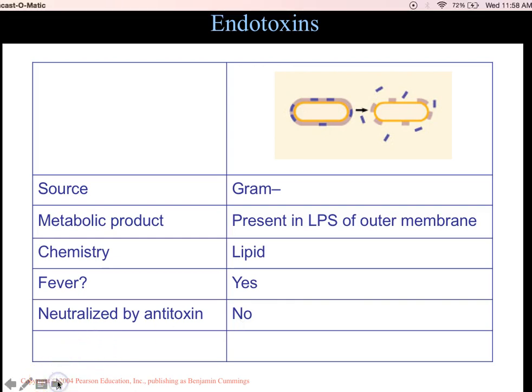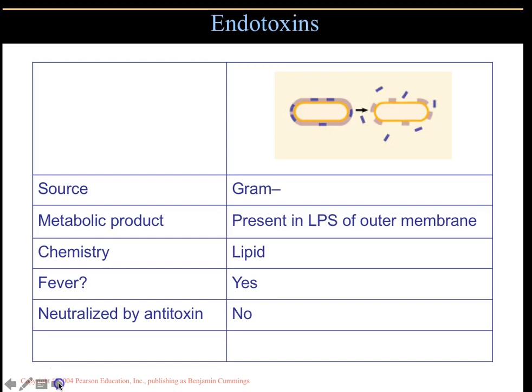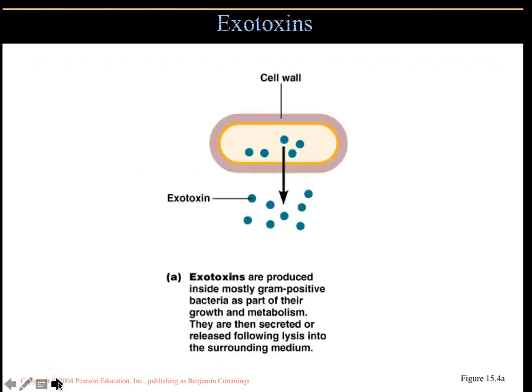And that brings us to exotoxins. To exit, to be released, to exit in this case, the bacteria. So gram-positive bacteria that are virulent, that are pathogenic, can produce and release their own toxins while they are alive.